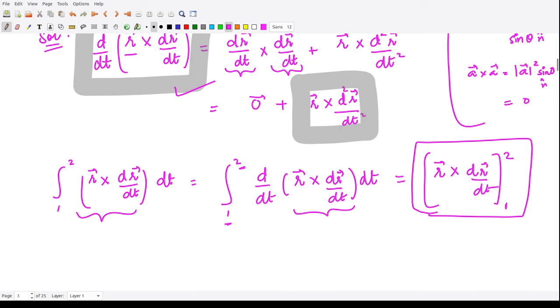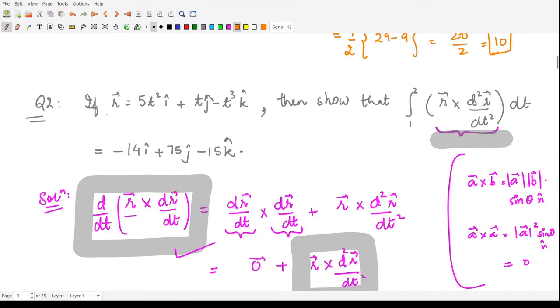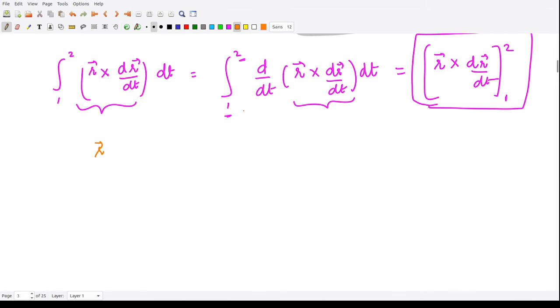So for solving this particular quantity, we are given the vector r in the question, and this is equal to 5t square i cap plus t j cap minus t cube k cap.